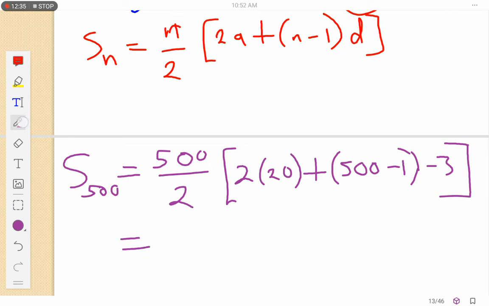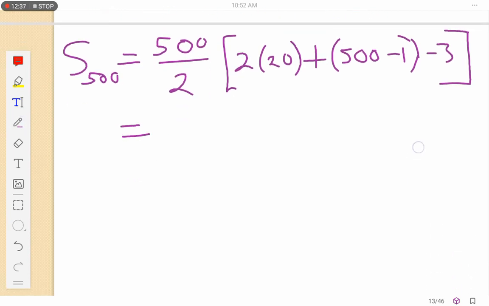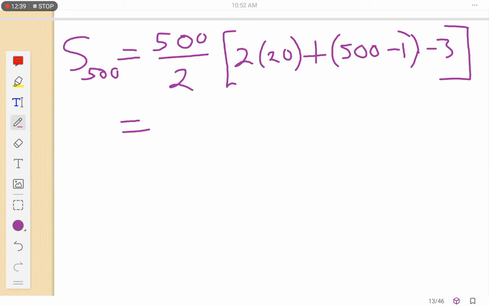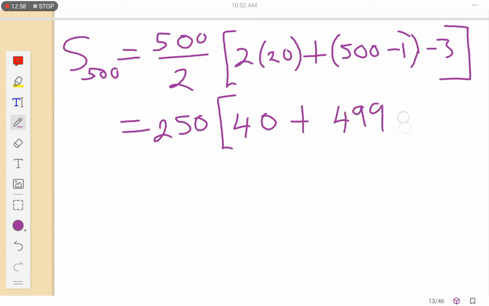You can either punch this whole thing in the calculator, or simplify it first before you punch, so that you have correct answers. For myself, I'll divide 500 by 2 and get 250. Then 20 times 2, I'll get 40. Then the next one, plus 49 by minus 3.